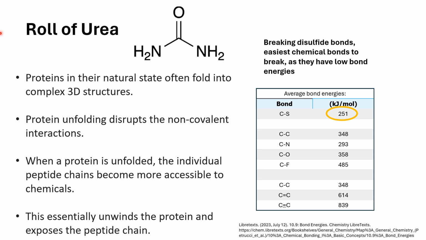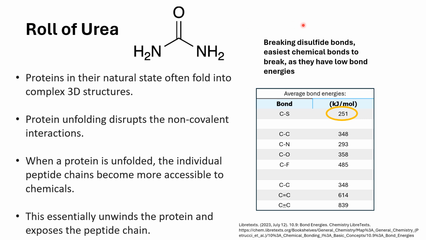So it's not actually acting on those sulfur-sulfur bonds, it's acting on a lot of these other bonds that we're talking about, the ionic bonds in particular, and the hydrogen bonding as well. So it can help to unfold that polypeptide chain, and we can think of that polypeptide chain essentially unwinding and having lost its ball-like structure, or it will actually become easier to break down after adding urea to it.